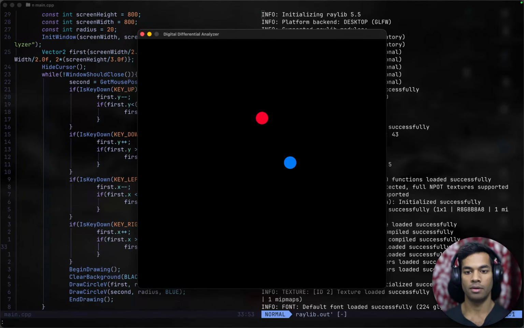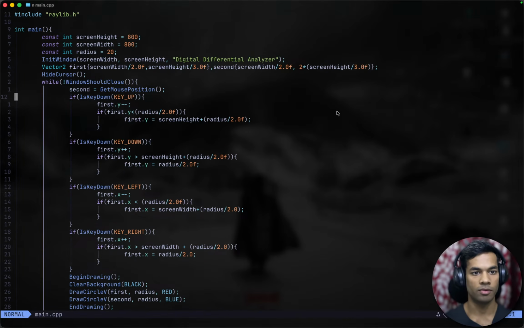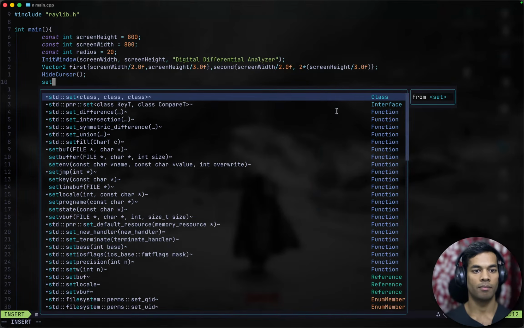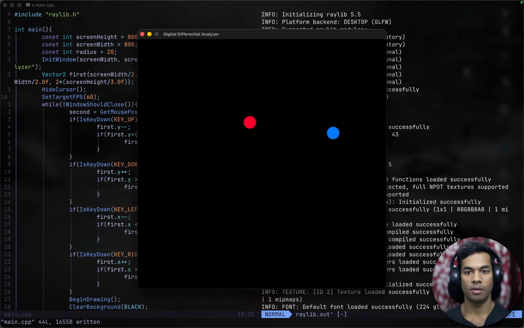Right, and yes, that is working. Cool. I guess the FPS might be a bit too much. Yeah, the FPS was too much.